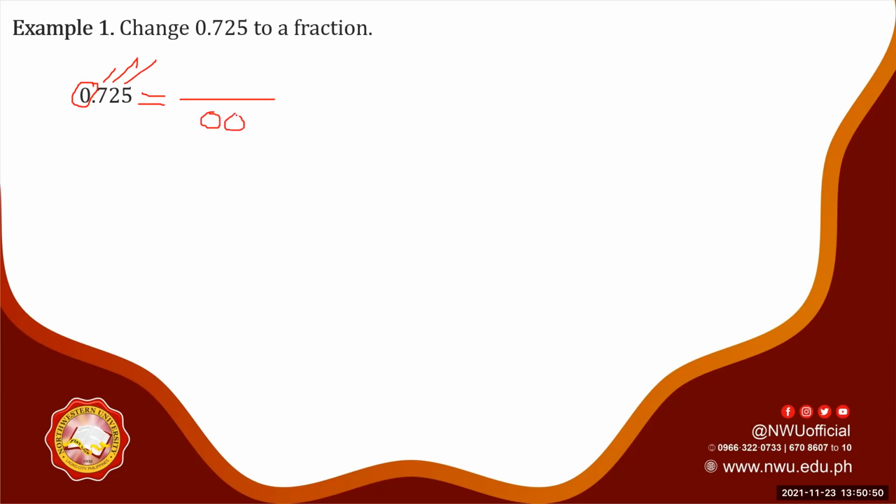Therefore, we have three zeros here. Just add 1 and then copy all of the numbers to be your numerator. But our 725 over 1,000 is reducible. That means you need to reduce that to its simplest form.